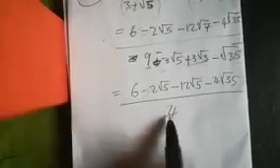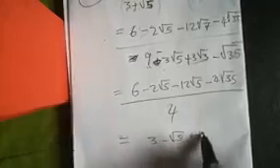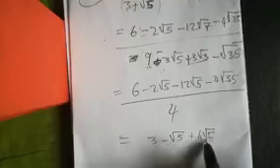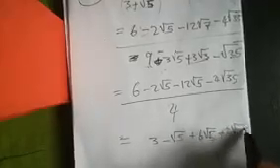You can also simplify further. 2 can go into this one, this one, this one. So it can remain, say, 3 minus root 5 plus 6 root 7 minus 2 root 35 over 2. You can leave it like that. That's how you should simplify surds. Thank you.